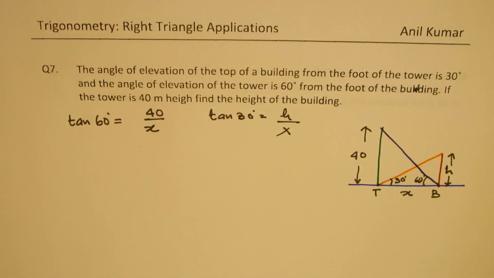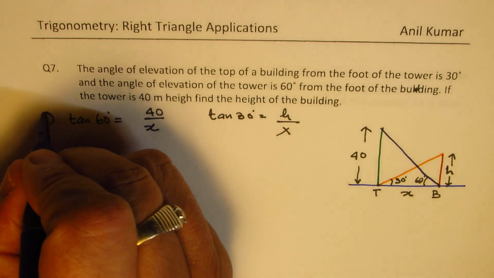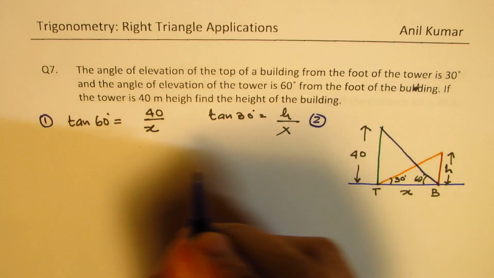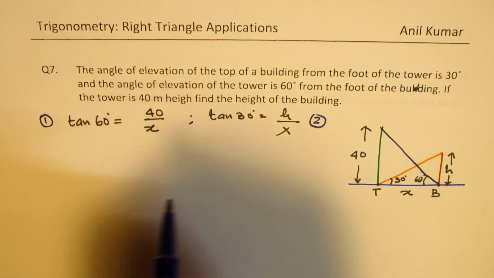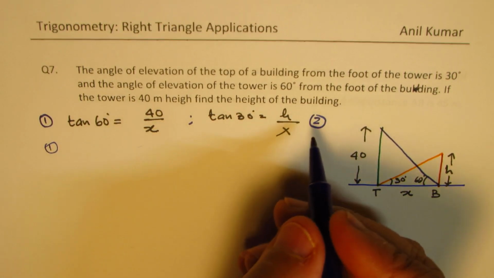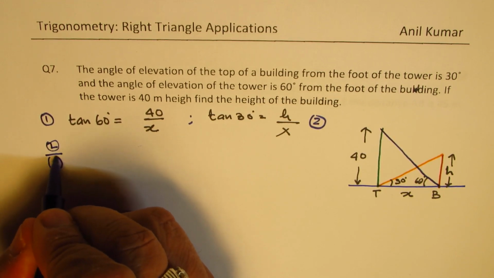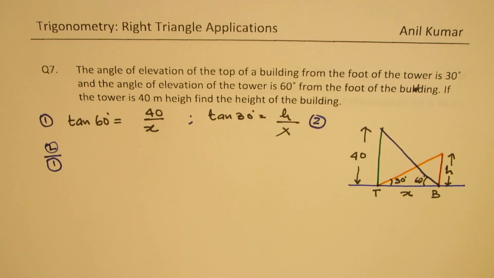Since we need to find the height of the building, we can just cancel x, right? So let's say this is our equation number 1, this is equation number 2. Because h is here, let me divide equation 2 by equation 1. So what do we get?